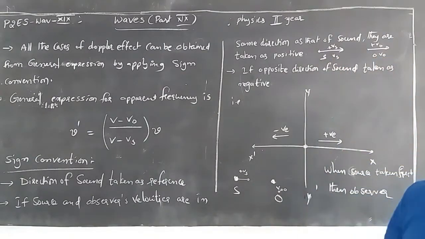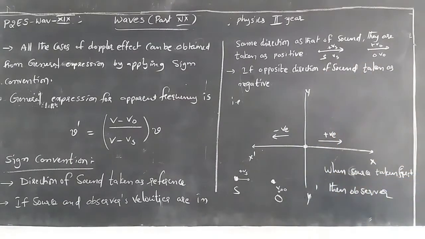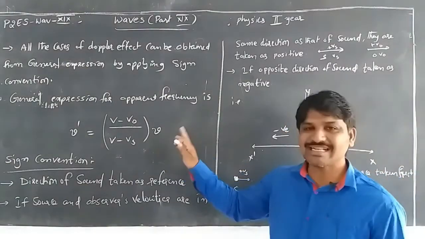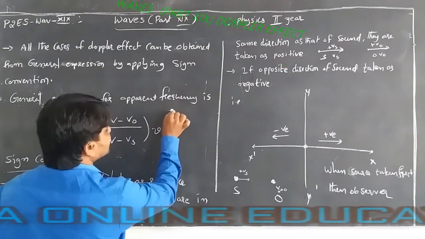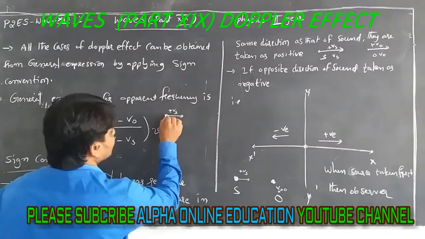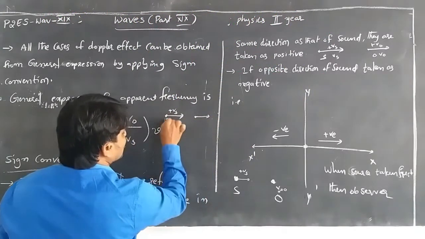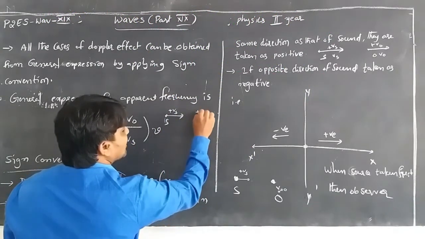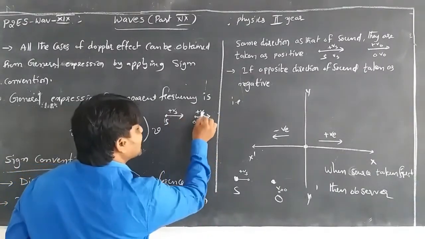So V minus V naught by V minus Vs, whenever both have the same direction. Just now we derived an equation for when the source is behind the observer: V minus V naught by V minus Vs. If the source is moving in this direction, that is positive Vs, because the sound is also in this direction, and this is the source and this is the observer, and the observer's velocity is also in this same direction, then both are taken as positive.